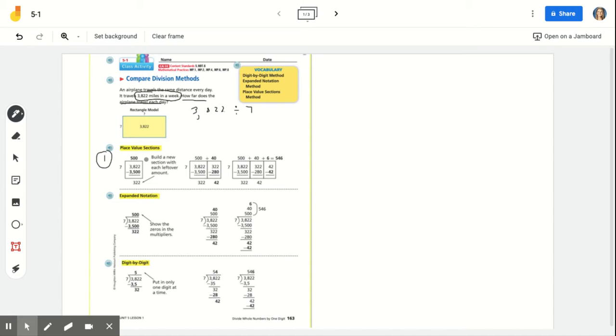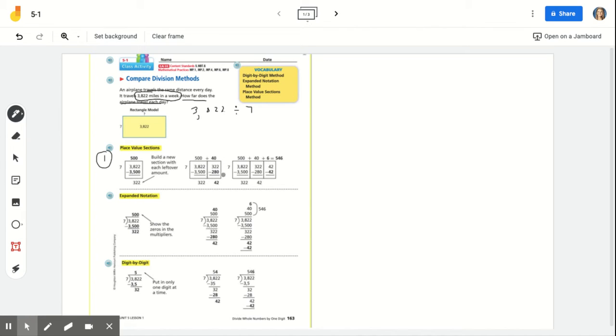Take a look at the work that the book did and the setup of the problem. They drew out a box. On the side, they wrote a 7. Inside the box, they wrote the dividend, 3,822. I see that they put 500 at the top. 500 times 7 is 3,500. And then they subtracted to get 322.